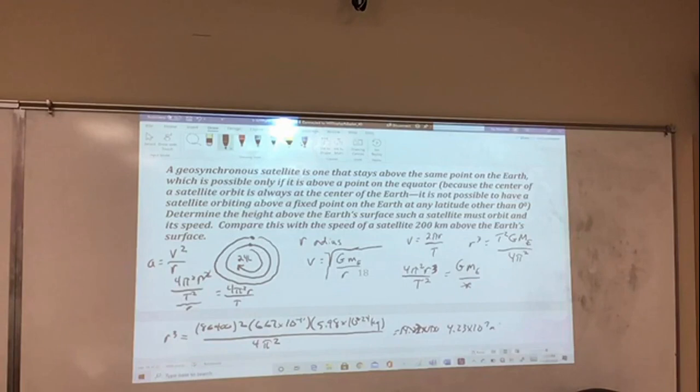That's not above the surface of the Earth, but from the center of the Earth.